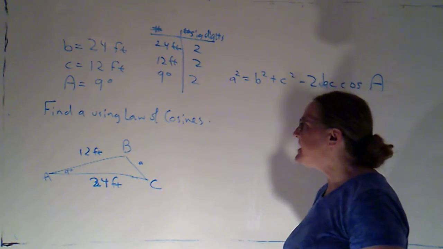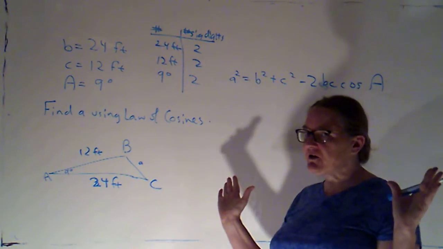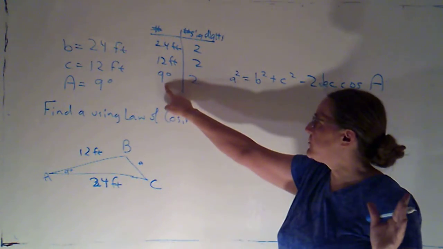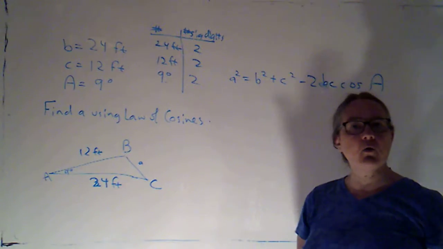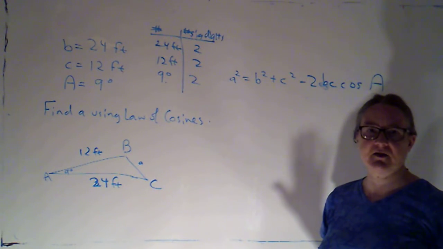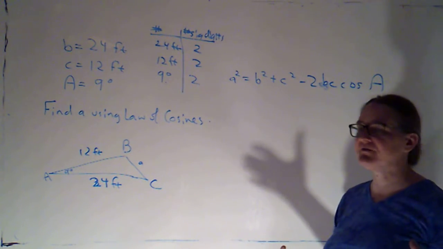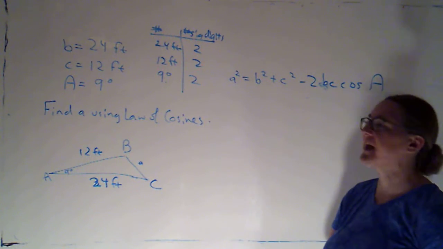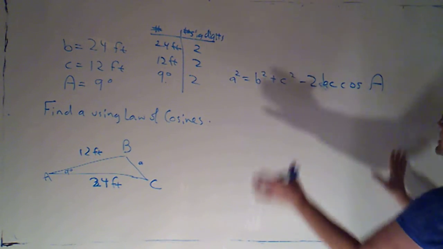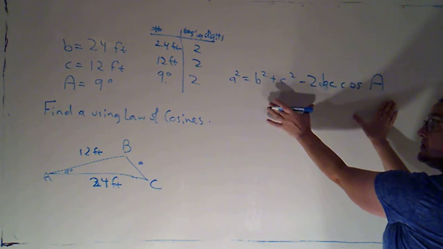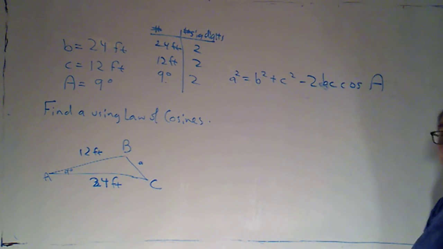Remember, for degrees, no matter how many degrees we have, the degrees to the left of the decimal, and the decimal would be right here, always count as two significant digits, regardless of the number of digits that actually appear. So I'm going to suggest that at this point, you pause the video, solve for A using this version of the law of cosines, and you'll be rounding to two significant digits. Go ahead and work that out.